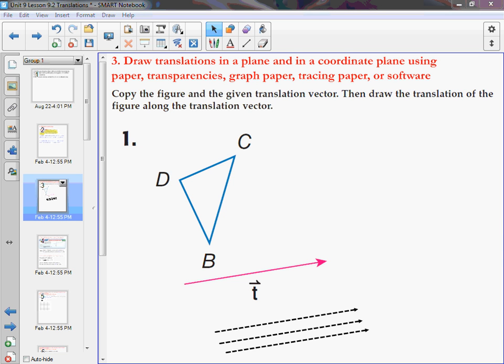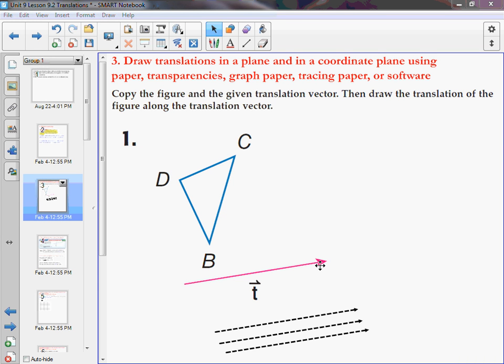A translation vector can also be called a directed segment. It's not really a ray, because rays go on forever, right? So what this is they're saying that every point in this figure is going to be moved in the exact same direction as this vector and the same distance as it.